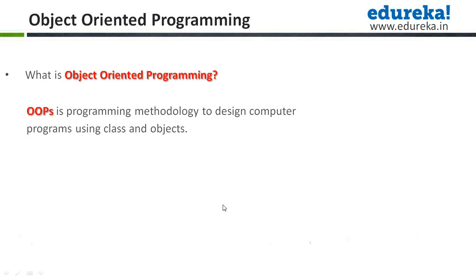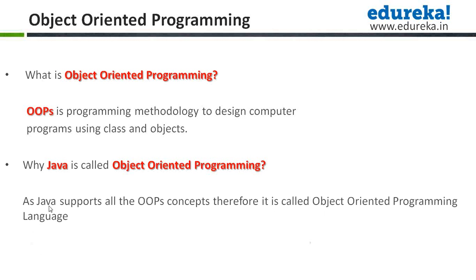So that language would be termed as an object-oriented language. Now, why is Java called object-oriented programming? Because Java supports all the OOPS concepts, therefore it is called an object-oriented programming language. Mahesh says objects have state and behavior. Exactly, they do.